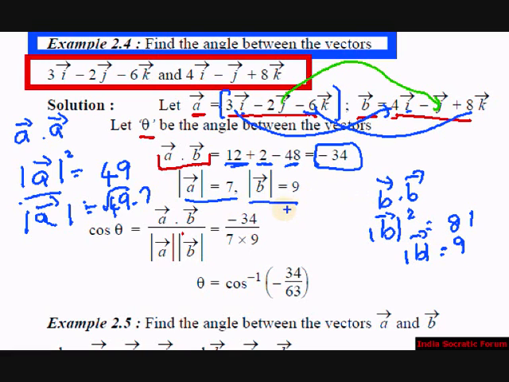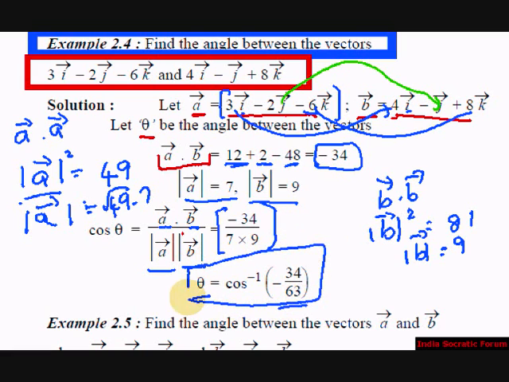So cos theta, we found from A dot B, A vector dot B vector divided by modulus of A vector into modulus of B vector. So substituting the values, we get minus 34 by 63. That's all. This is the value of cos theta for the angle between these two vectors.